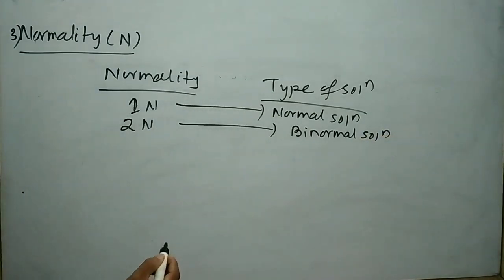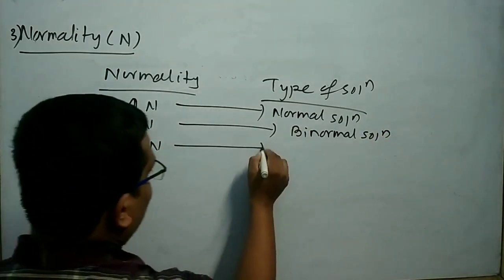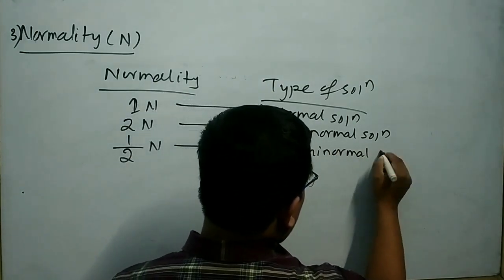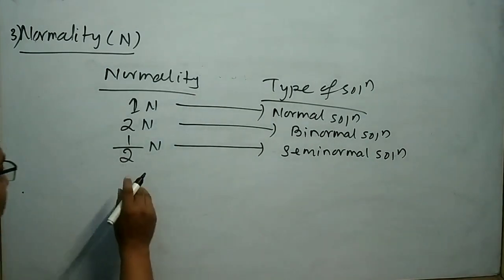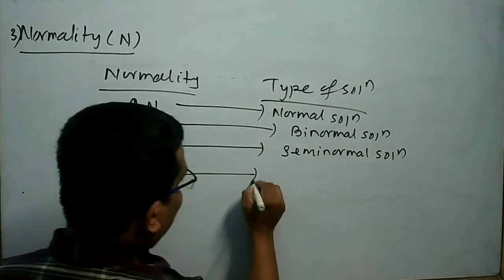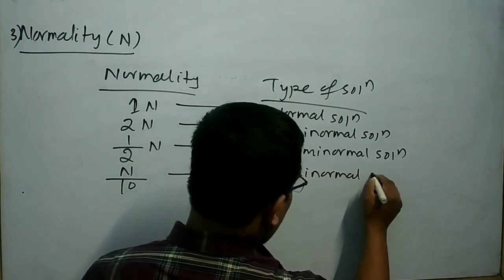If the normality is N by 2, it is called a semi-normal solution. If the normality is N by 10, it is called a deci-normal solution.